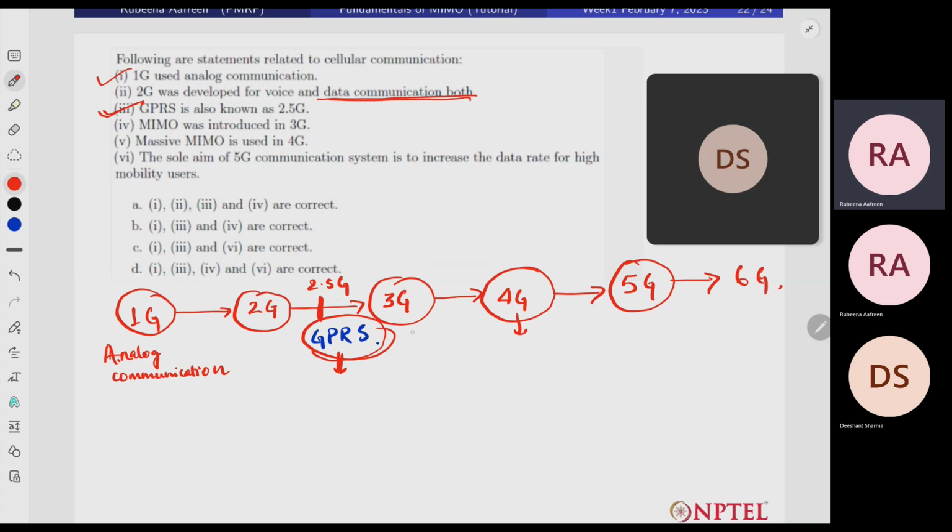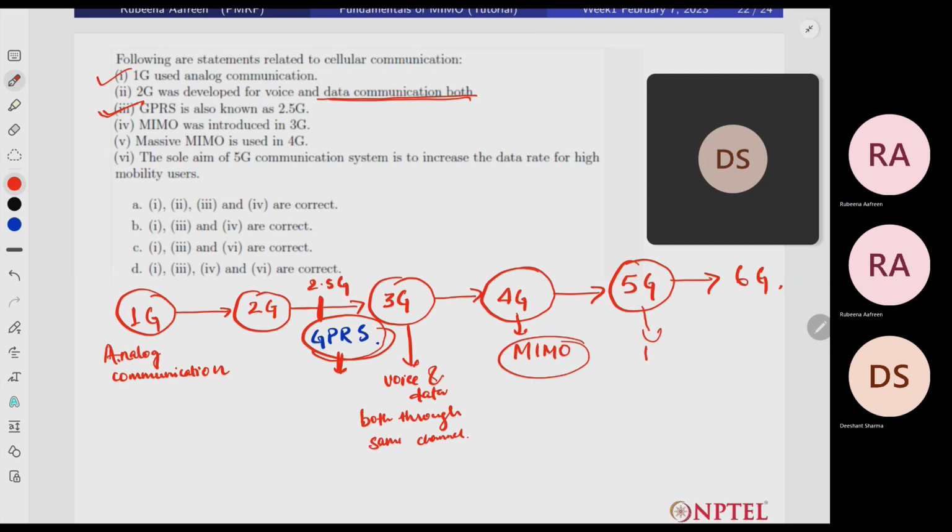No, 3G just had voice and data, both through the same channels. After 4G, we started introducing MIMO, and in 5G, massive MIMO.